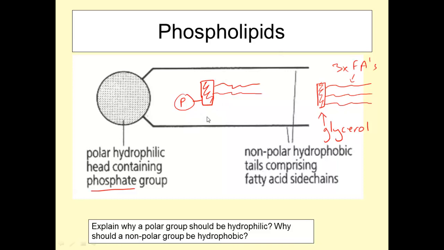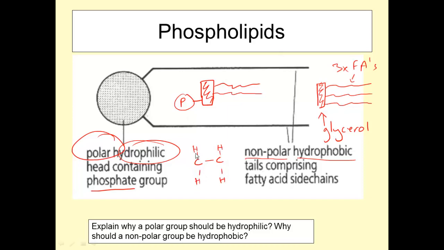Now this phosphate group is what makes our phospholipids so special. It is polar and hydrophilic, whereas the rest of the molecule is very, very non-polar and hydrophobic. We'll have a little more of a think about being hydrophilic or hydrophobic in the next video, but let's leave it for the moment as saying, if you've got a whole load of carbons bonded to a whole load of hydrogens, there's very little electron disparity between them.